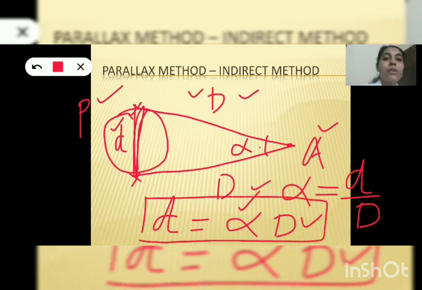Okay, so thus we can use our parallax method to find out the angular diameter of the planet. Again, it's an indirect method.